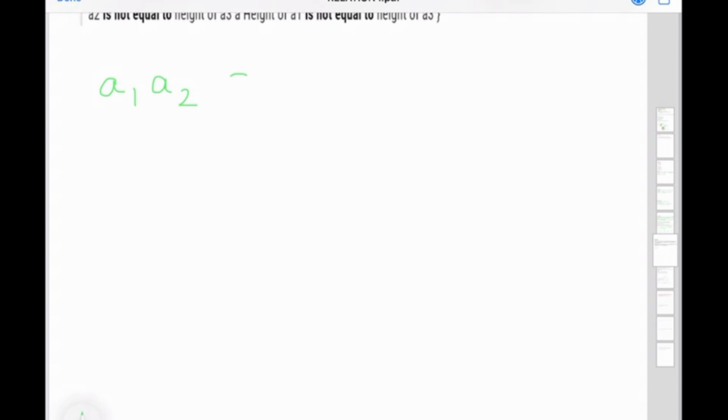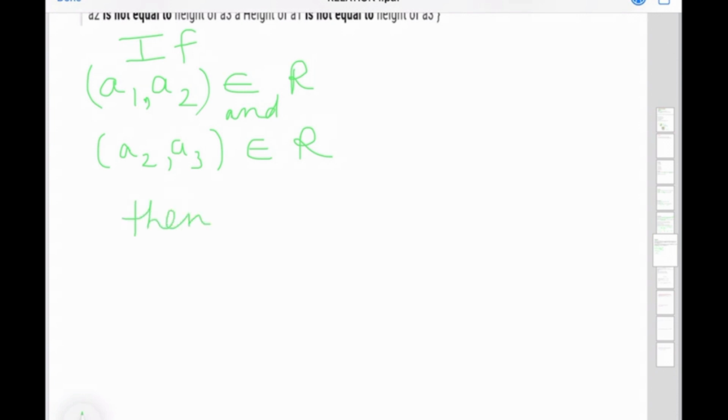Suppose the ordered pair (a1, a2) belongs to R, and then (a2, a3) also belongs to R. If these two belong to R, and if (a1, a3) also belongs to R, then it will be transitive.